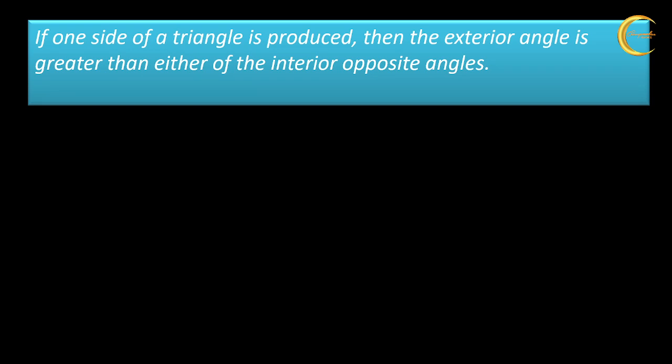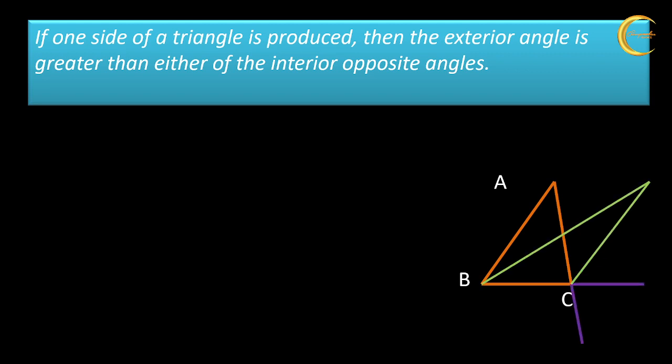So this means first we draw a diagram, and this is a triangle ABC, and this BC line is produced, which is called the BD line, and this AC line is produced, this is called the AG line.